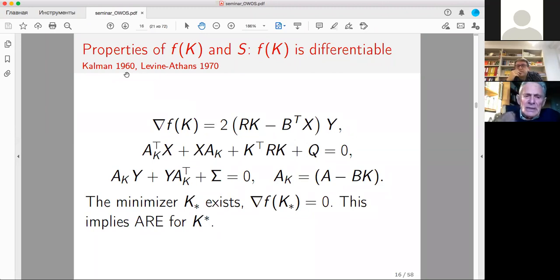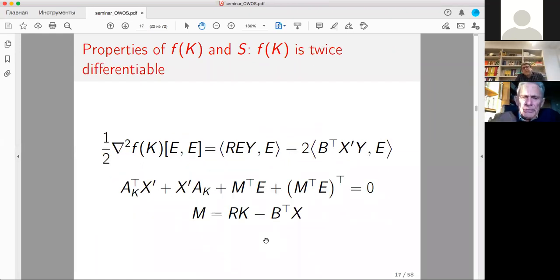As I said, it is obtained by Kalman himself. And from these formulas, we can conclude that there is a point where the gradient equals 0, a stationary point. It is the unique point. This can actually be transformed to the algebraic Riccati equation. This equation. Okay.